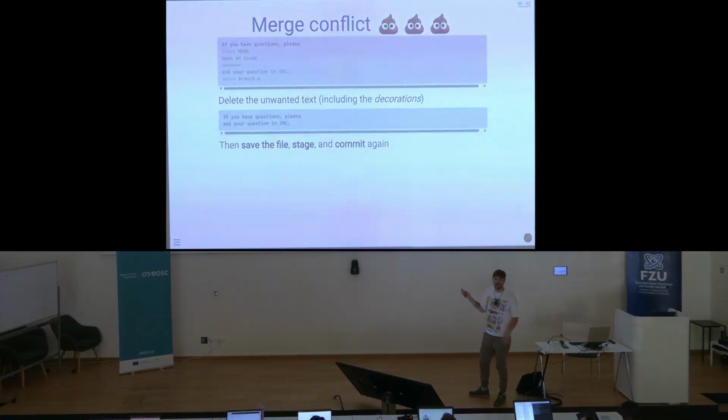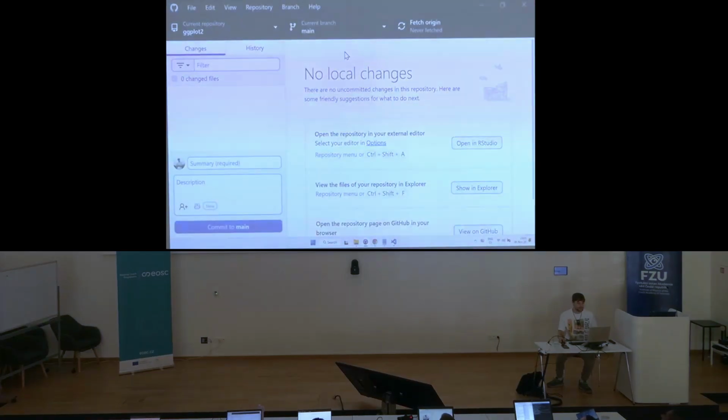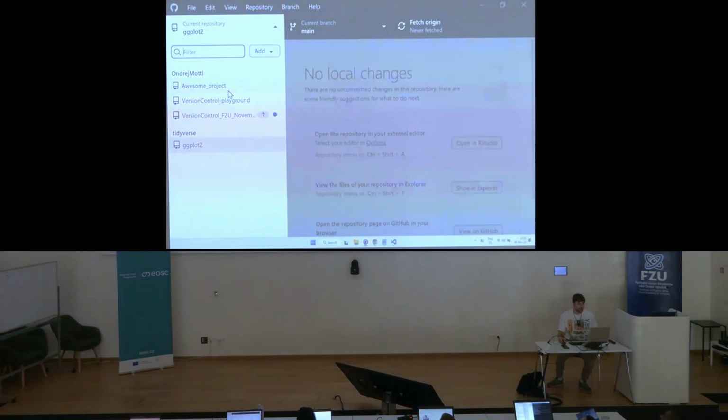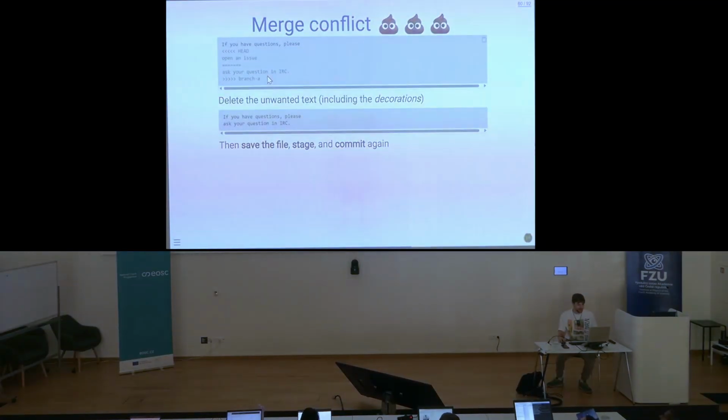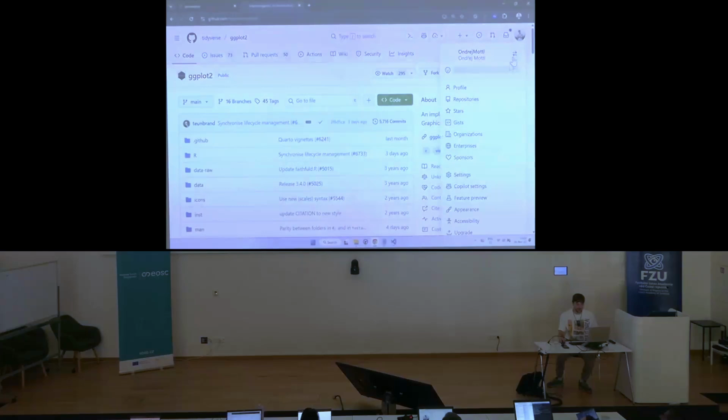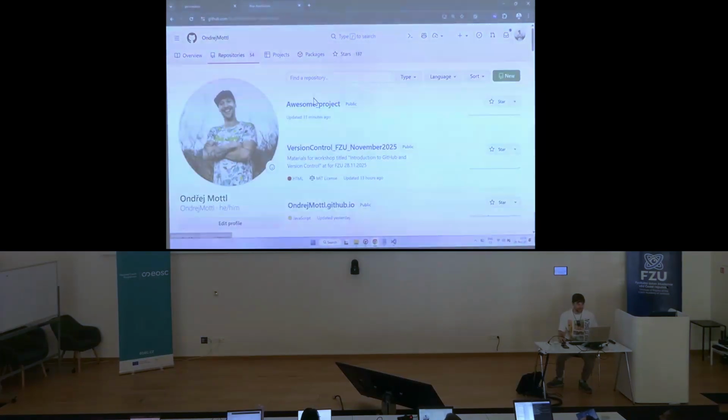This is even more difficult to showcase, right? I can actually try it right now. Just to show you how this is done, we can go back to Awesome Project, and I will also open Awesome Project on my repositories here as well.